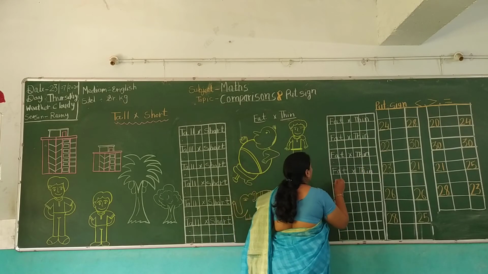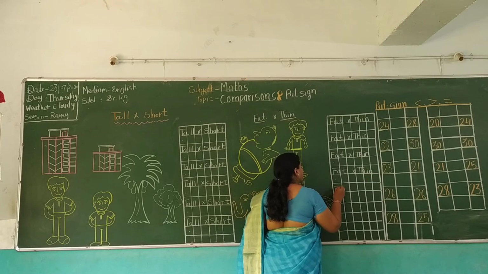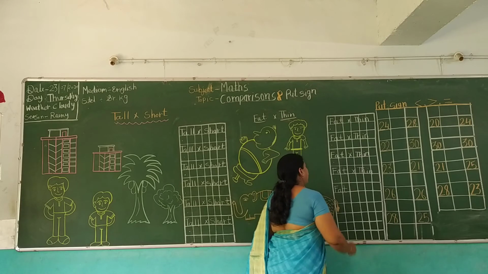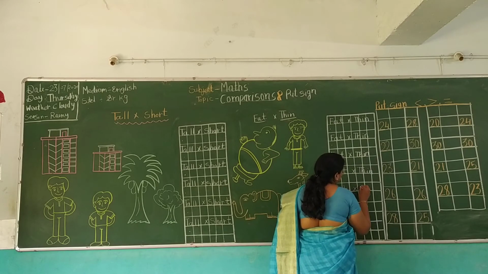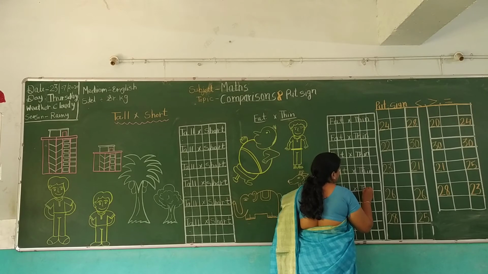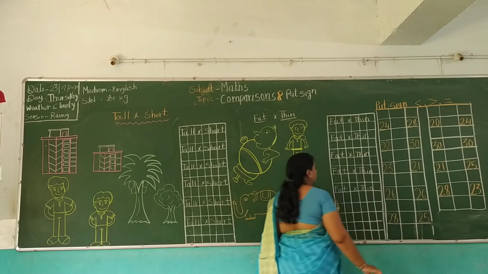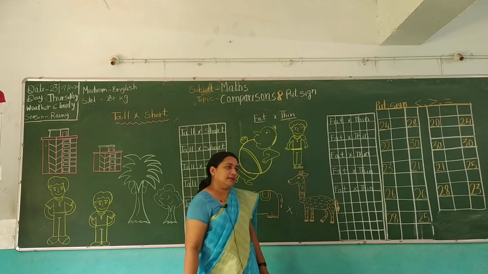Again leave one block, fat, and put cross sign, that is opposite, thin. Fat opposite thin.